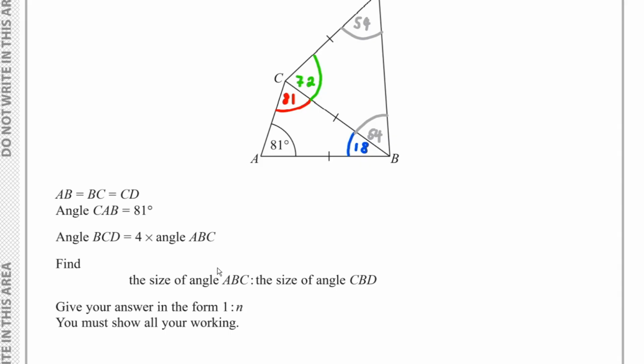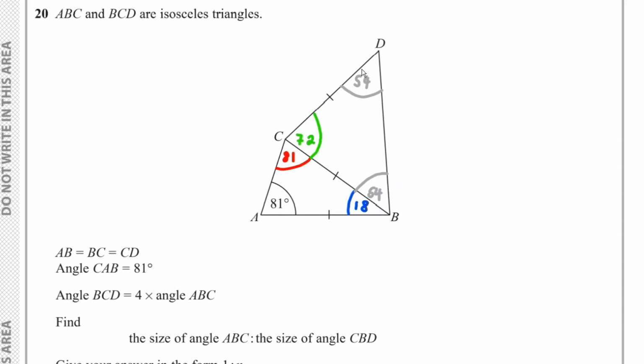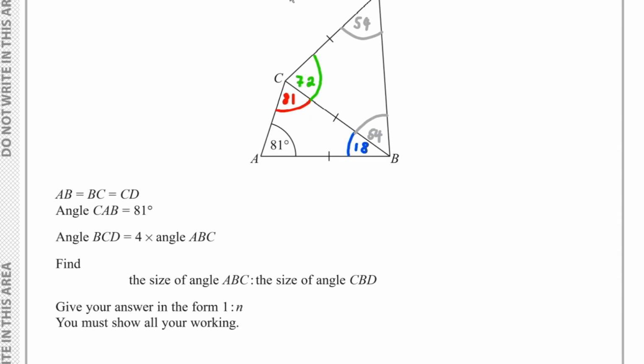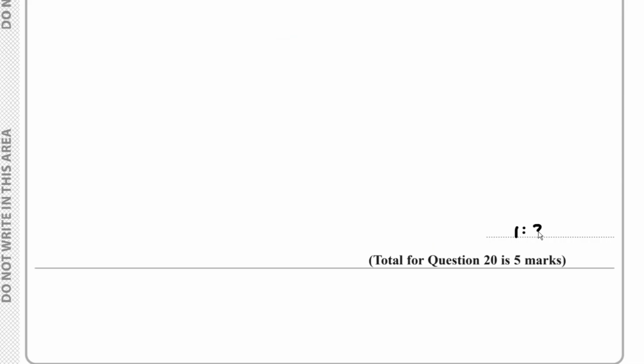So now the size of the angle ABC, which is 18, to the angle CBD, which is 54, we need to write this ratio in the form 1 to n. If I divide both sides by 18, we get 1 to 3. So the ratio is 1 to 3.